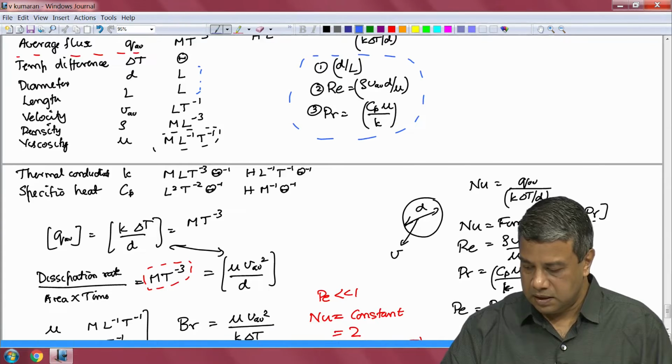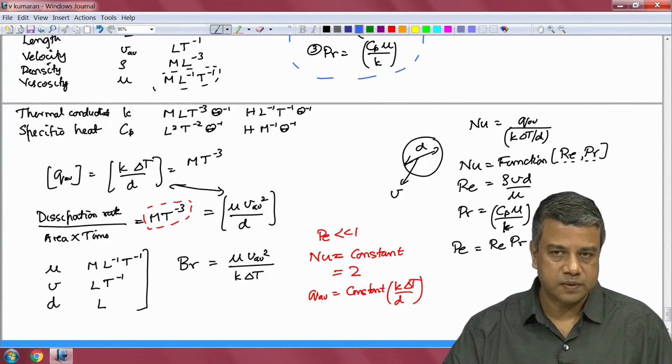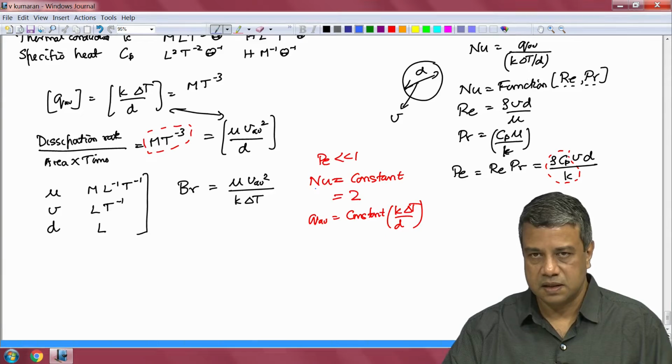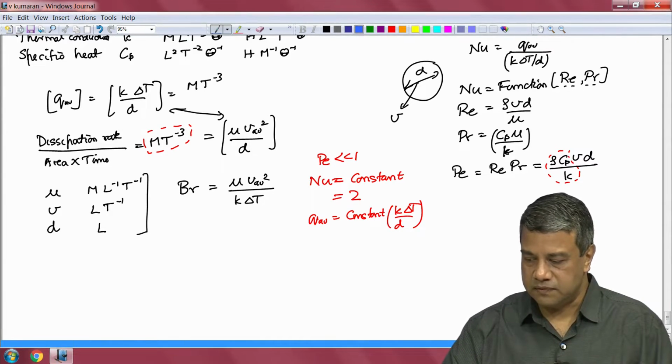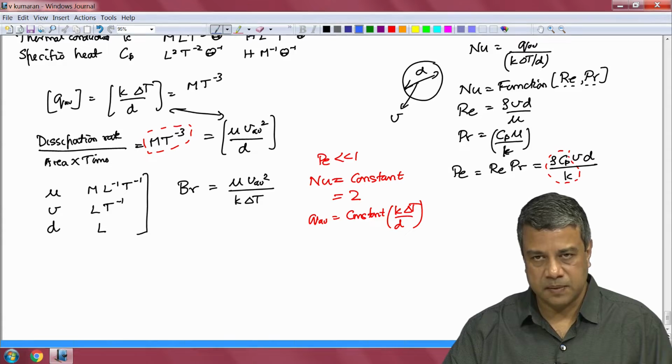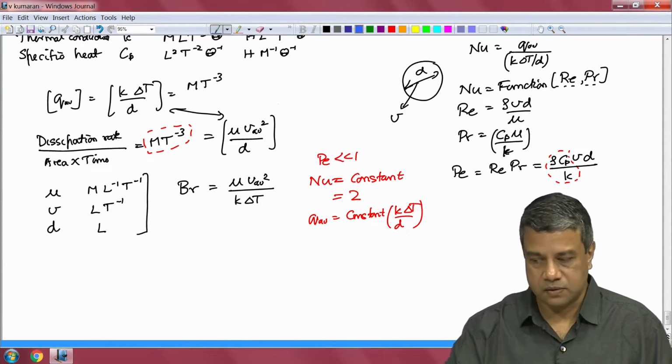I had also expressed another dimensionless group, the Peclet number, as the product of the Reynolds number and the Prandtl number. So, it is V, the velocity times the diameter divided by something. That something is this K by rho Cp here.